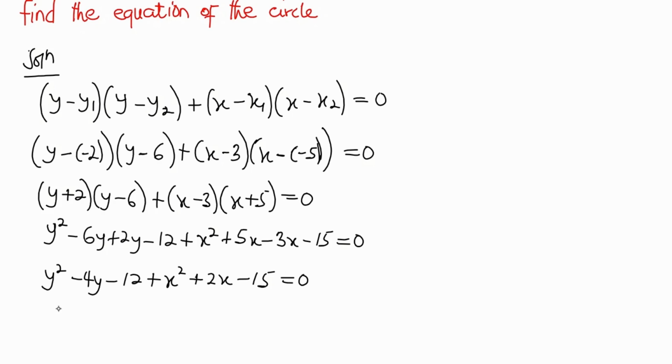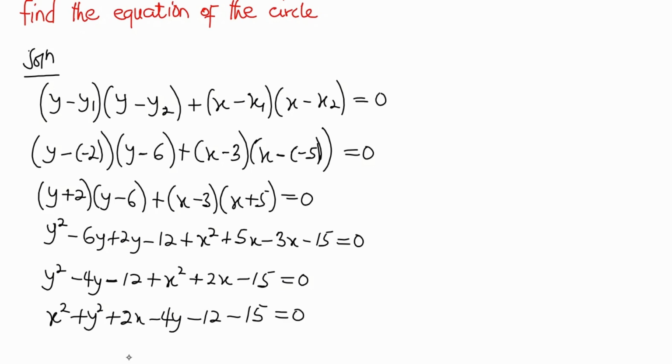So we can write them as such, that is x squared plus y squared, followed by 2x before that of y, which means you have minus 4y here, and then we can see that there is minus 12 and there is minus 15, which is equal to 0.